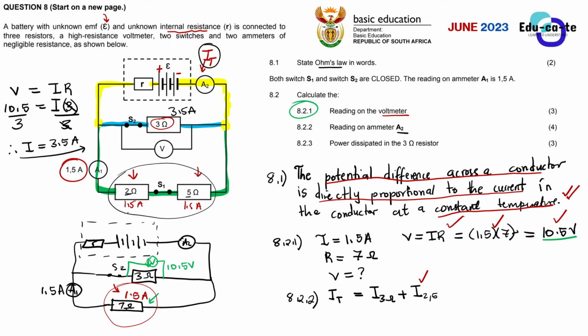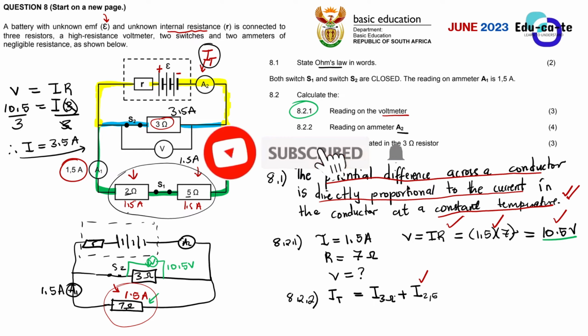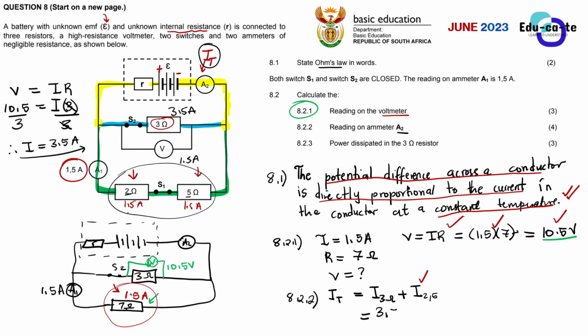And we know that the current through this 2 and 5 ohms is 1.5 amperes. So when we add them together, we must get the total current. So in this case, I'm just going to add them together and say the current through the 3 ohms, as we just calculated, is 3.5 amperes. The current through these 2 ohms and 5 ohms is the same. We don't add it up because these two are in series with one another.